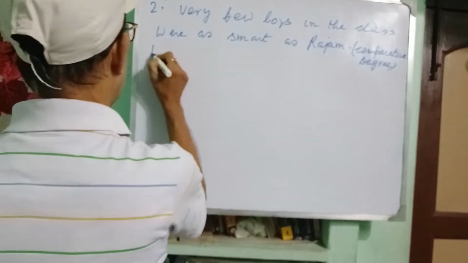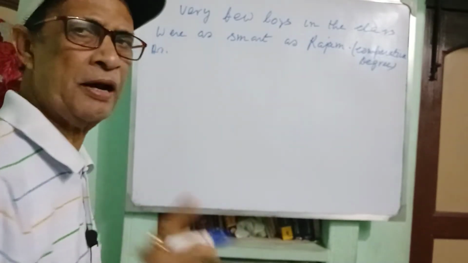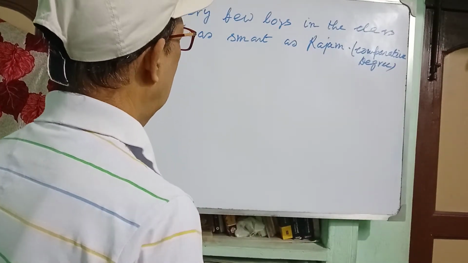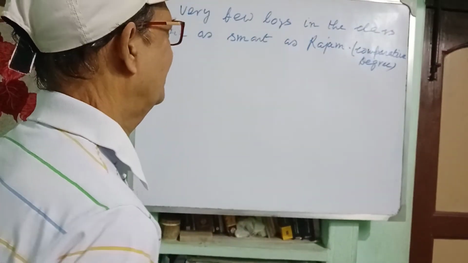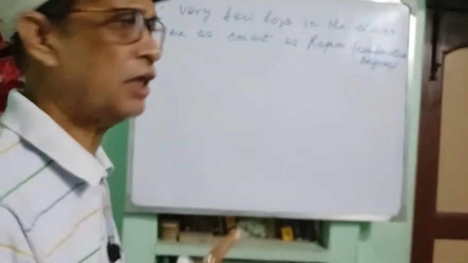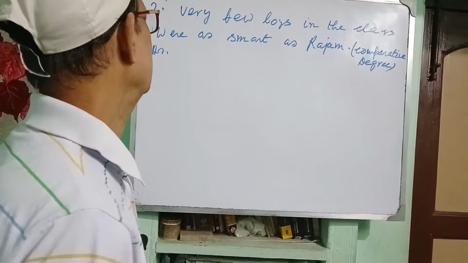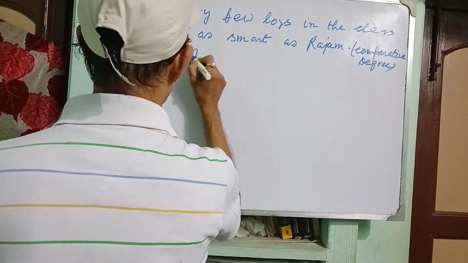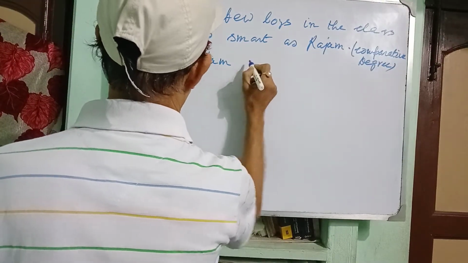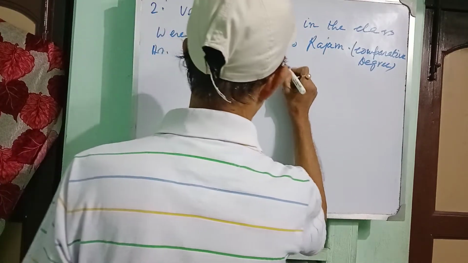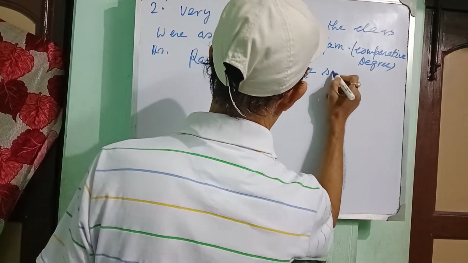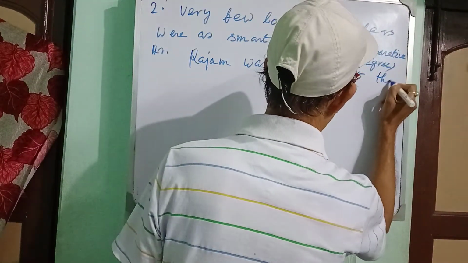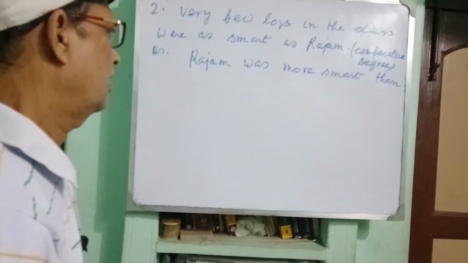Then what should be the comparative degree? Rajam was more smart than most other boys in the class. Clear? Rajam was more smart than most other.